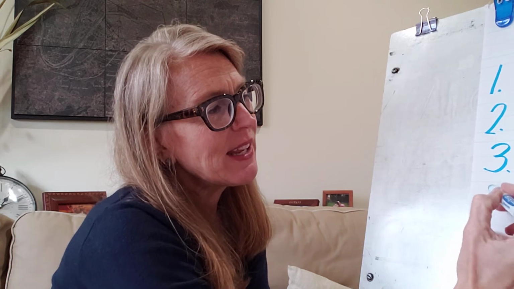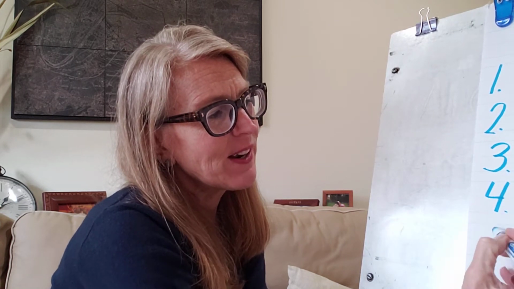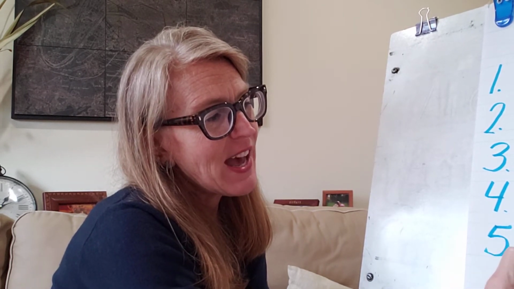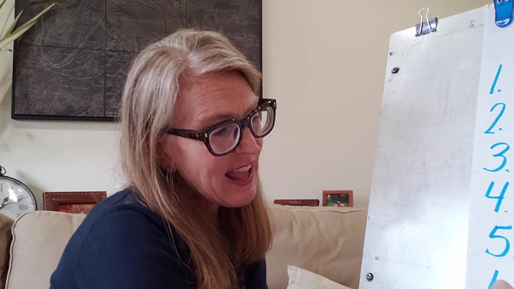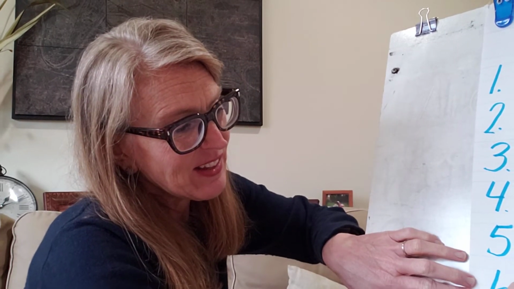I'm going to say a word, and I want you to listen to the sounds in my word, and you're going to write the letters for those sounds, okay? But first thing we're going to do, let's put number 1, 2, 3, 4, 5, and 6.